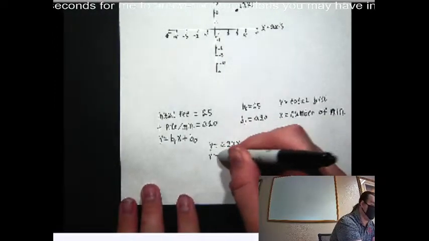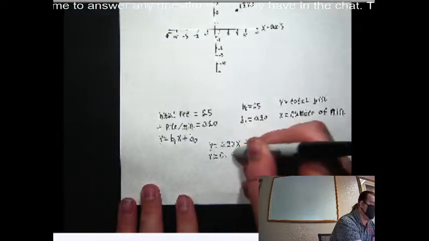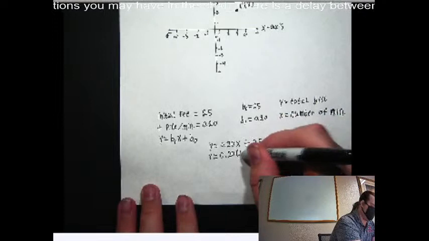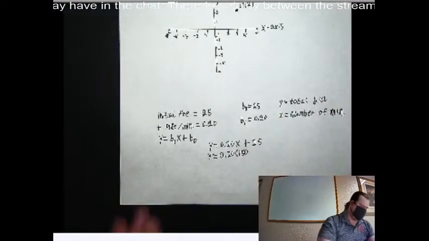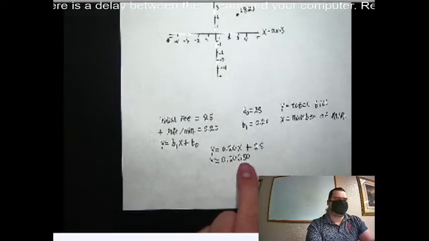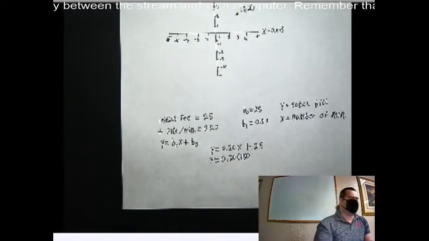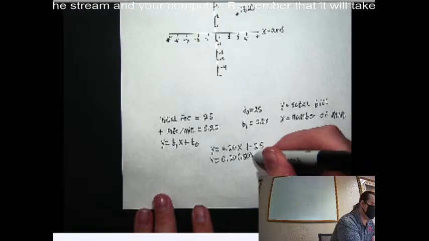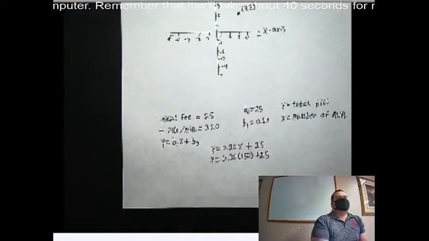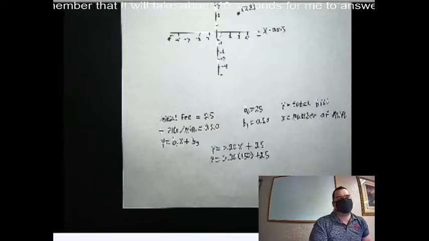So that would mean we have y equals 0.20 times 150. And notice that when I plug in this number for x, I'm using parentheses. That's very important. Plus 25.